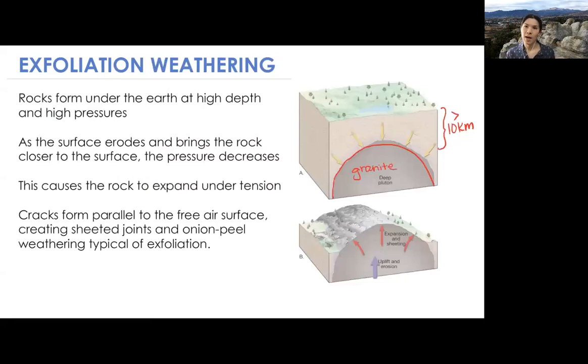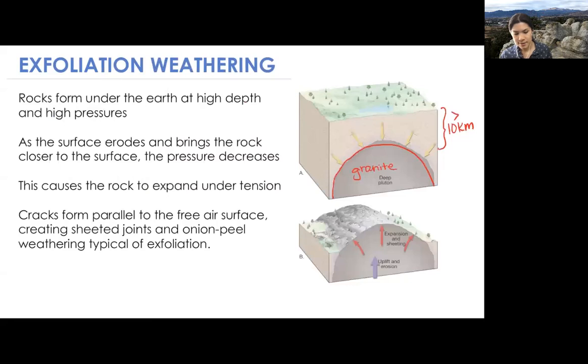This granite cools at greater than 10-kilometer depth. And so as this rock is formed, it is formed under high pressures where there is at least 10 kilometers of rock sitting on top of it. That's going to be really important. That's encoded into the rock structure.